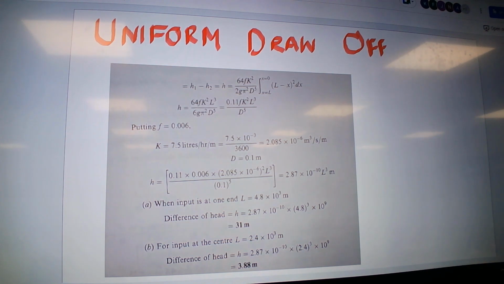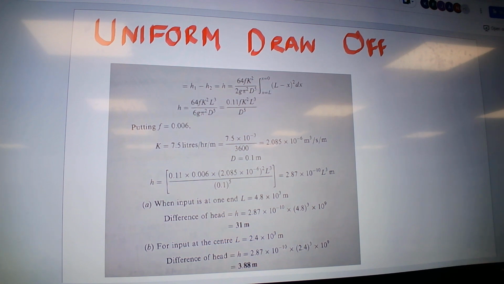Whatever we got in the previous slide, we need to integrate that bit, where we assume the length at two different points, when x is 0 or when x is L. When we apply these limits, we will come up with this equation here.